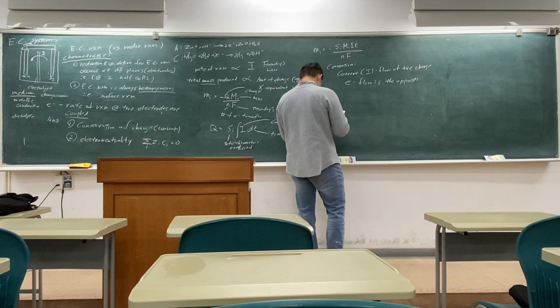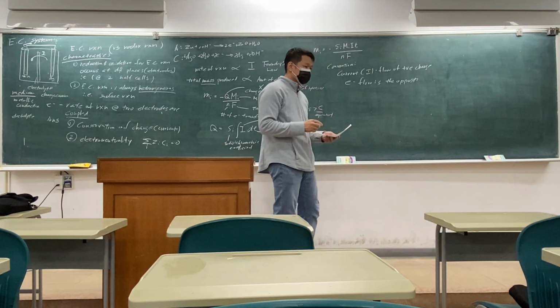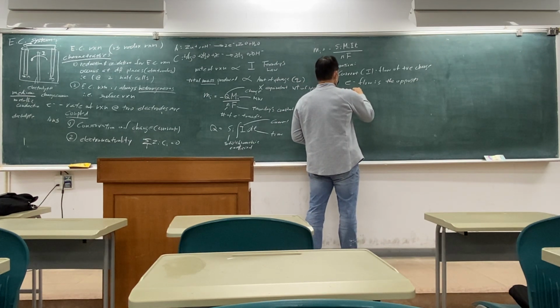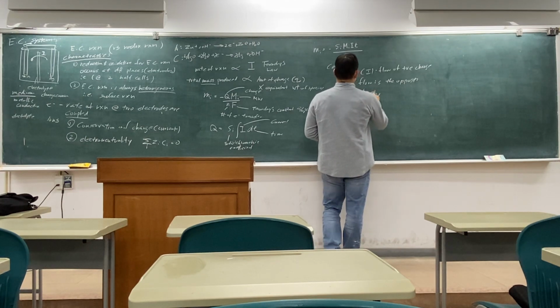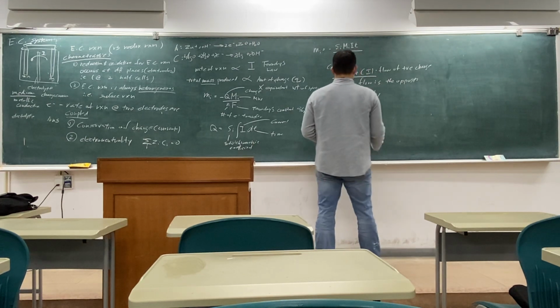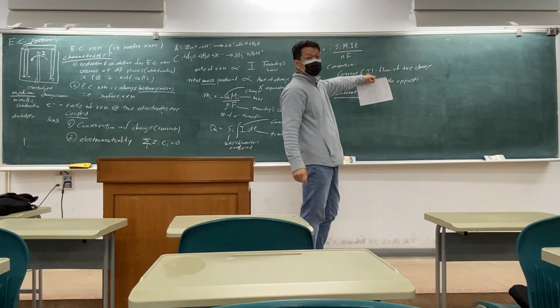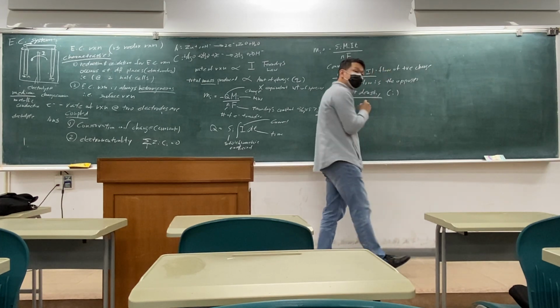So another important definition is the concept of current density. So this is current, this is current density. This is capital J, this is little i.